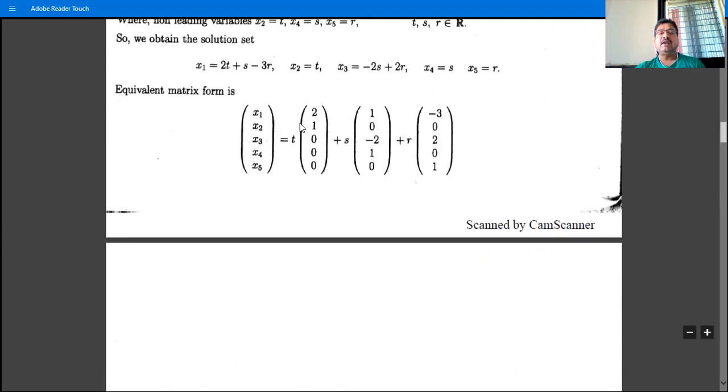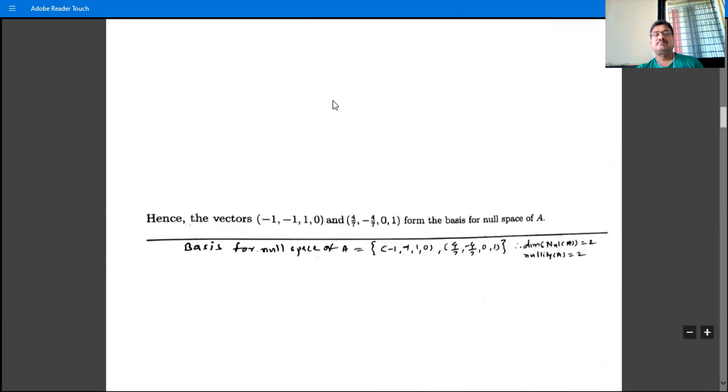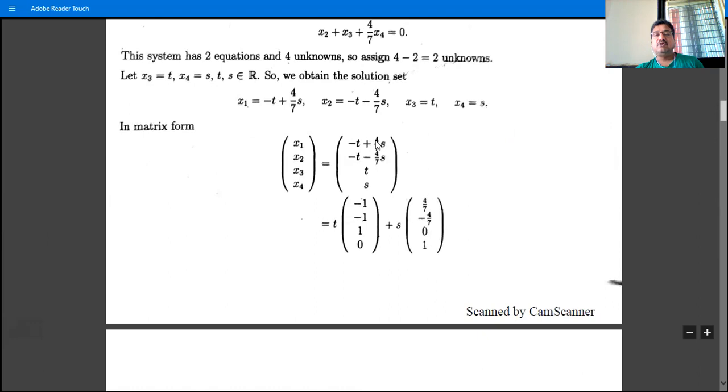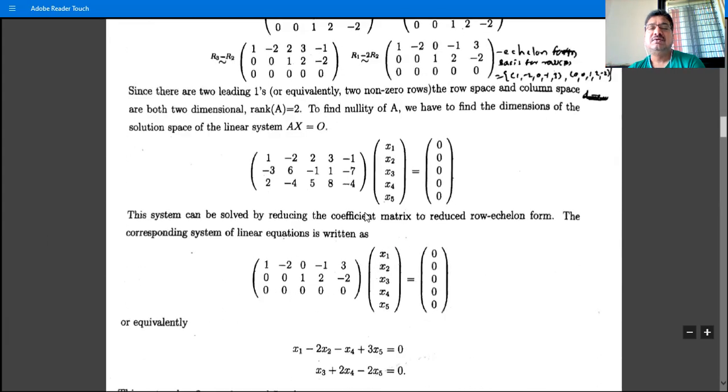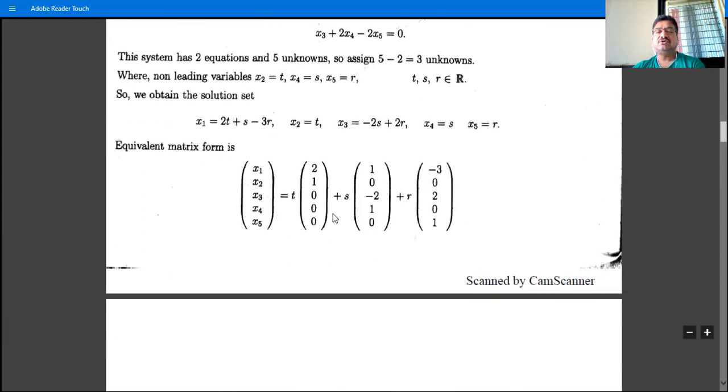Equivalently, we write this solution in the matrix form: x1, x2, x3, x4, x5. First write the values of x1, x2, x3, x4, x5, and then write this as a linear combination of these three vectors: t plus s plus r.